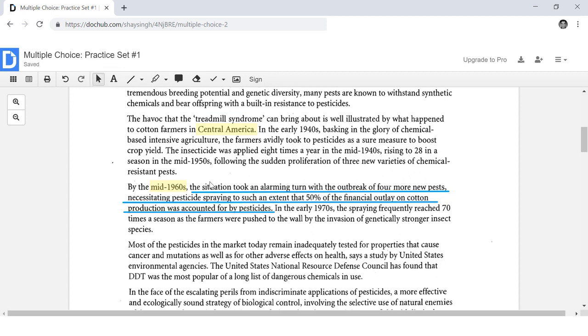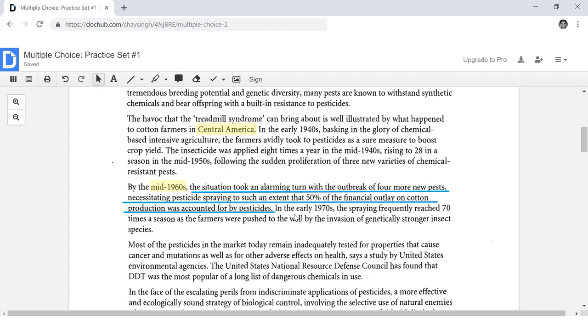So let's read this. It says, by the 1960s, the situation took an alarming turn with the outbreak of 4 more new pests, necessitating pesticide spraying to such an extent that 50% of the financial outlay on cotton production was accounted for by pesticides.